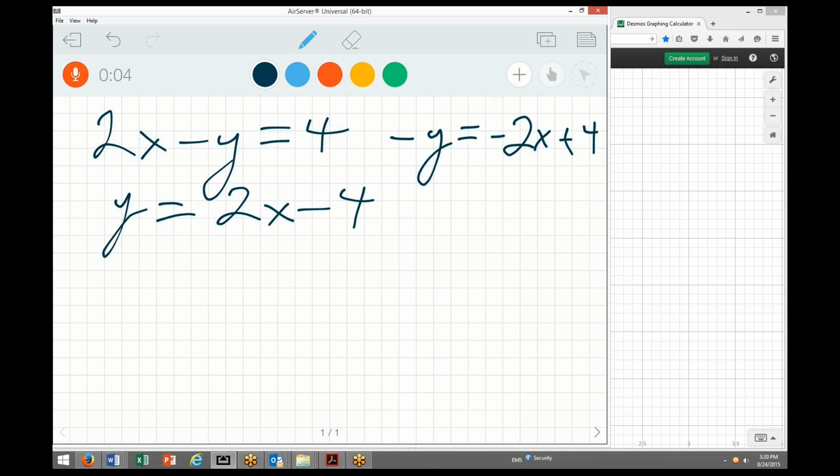And let's start off by graphing this manually. And this is probably going to look familiar from years ago when maybe your first pre-algebra class or first algebra class, you made a table of x and y values.